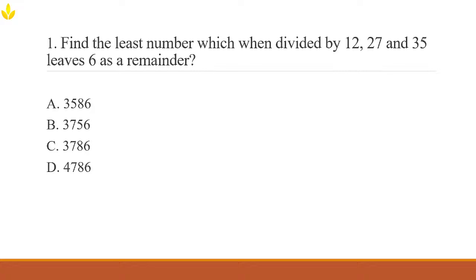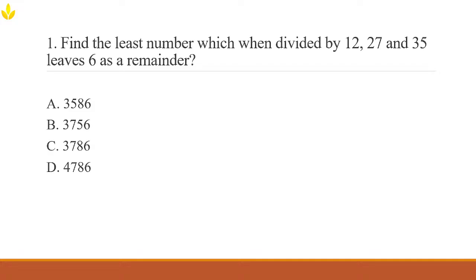So they are asking that a given number, if it is taken as x, should be completely divisible by 12, 27, and even 35, and that number is leaving a remainder of 6.